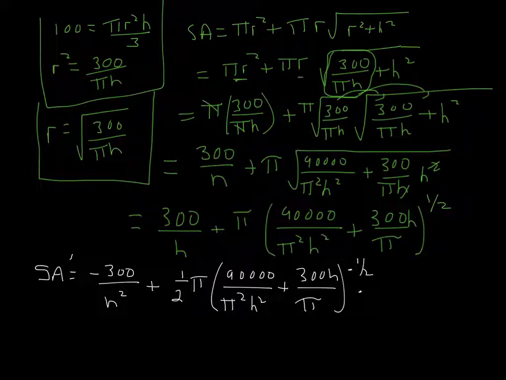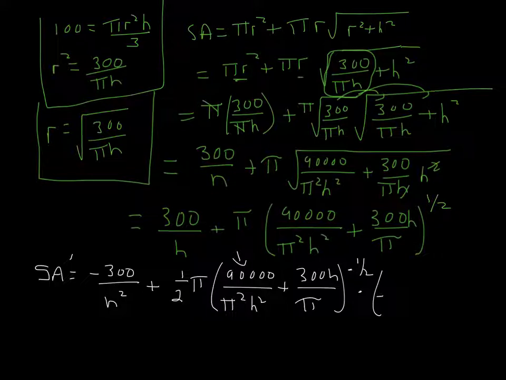So for the chain rule, when I do the derivative of this term, the only variable is h to the negative 2, and that's why the h squared is in the denominator.